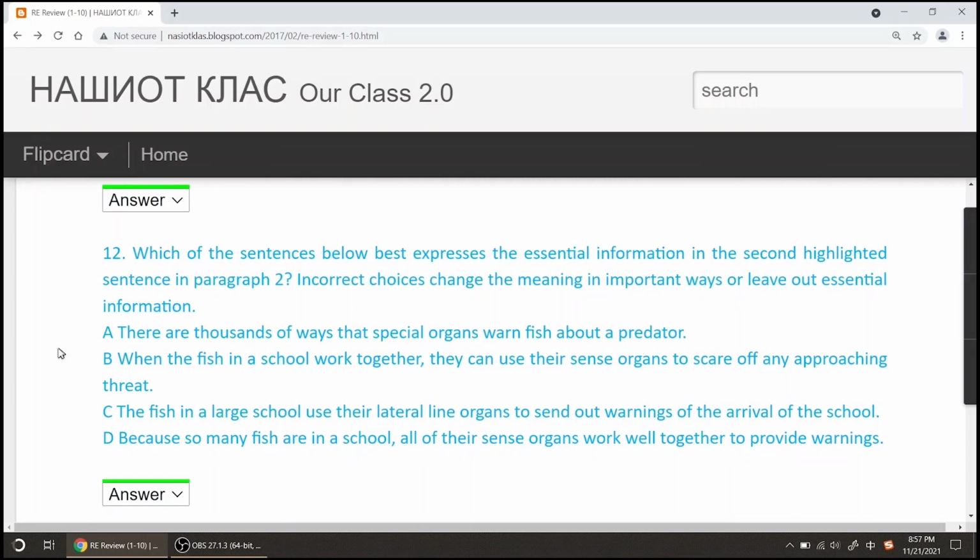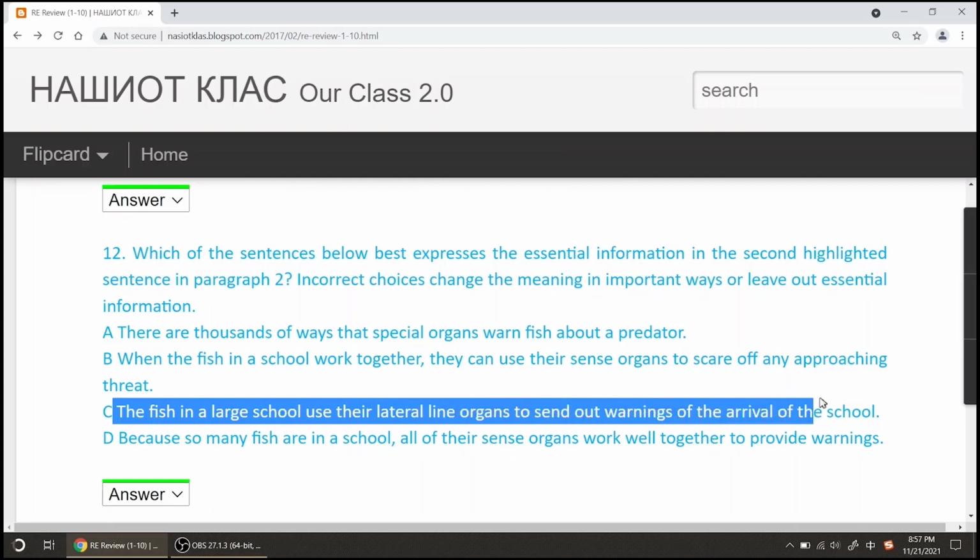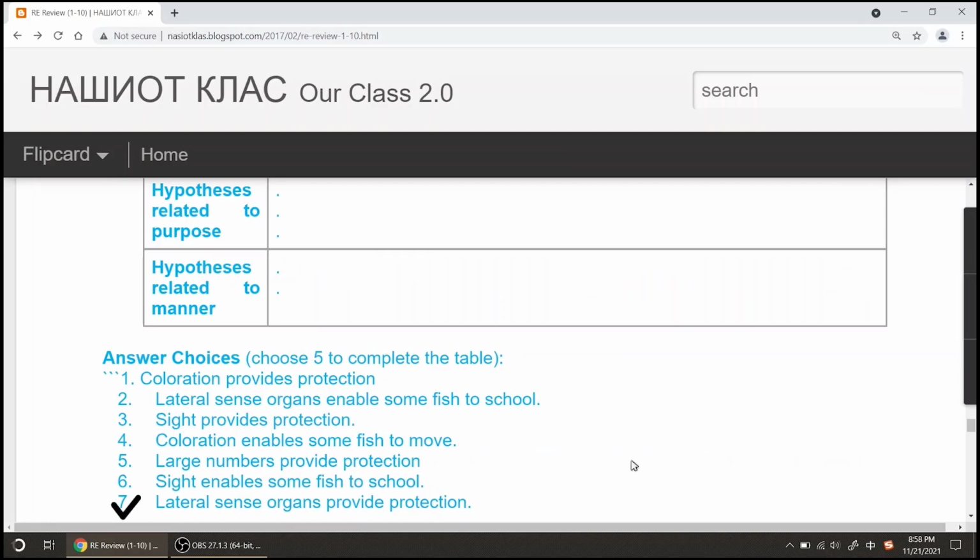But here question 12 is about lateral sense organs. See, the fish in a large school use lateral line organs to send out warnings. So number 7 is correct. We eliminate 2 wrong answer choices and have 1 uncertain choice through this step. It will help you sort out the answers later. Remember to check the answer choices and eliminate the wrong answers first.